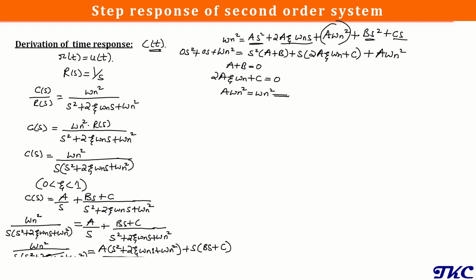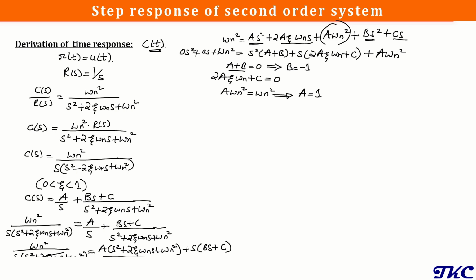From here we can make out that A will be equal to 1, because omega n square will get cancelled. Similarly from the first equation we get B equal to -1, because when we substitute A equal to 1 and take it to the right hand side it becomes -1.